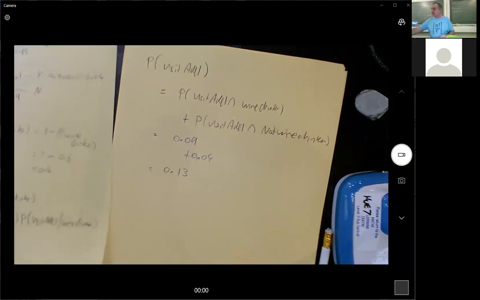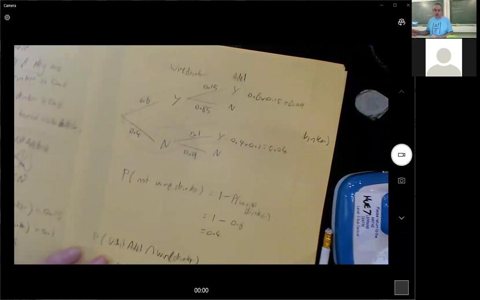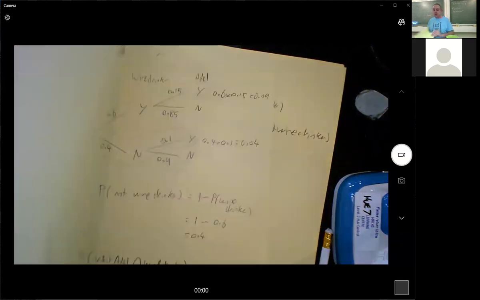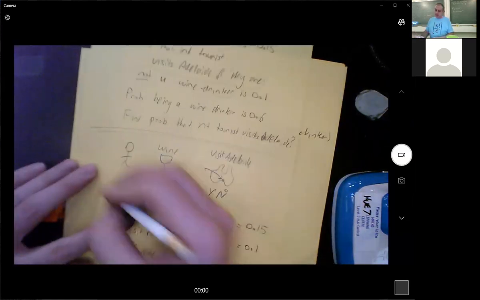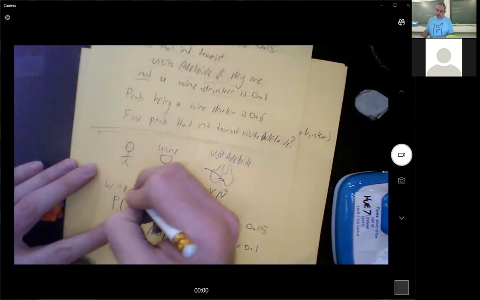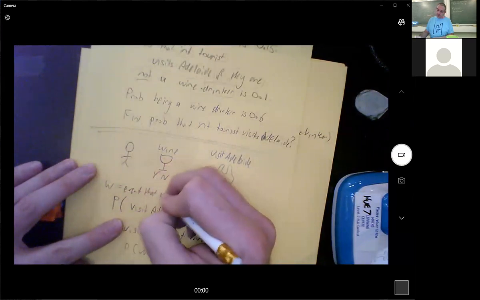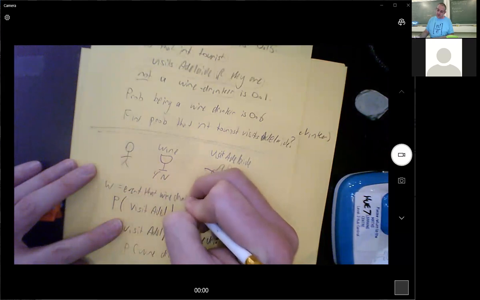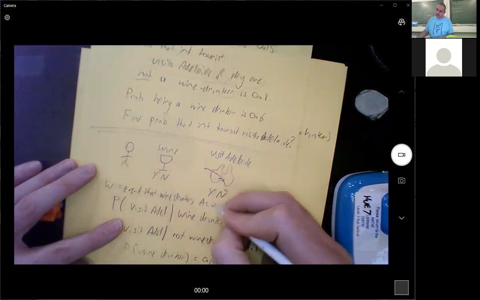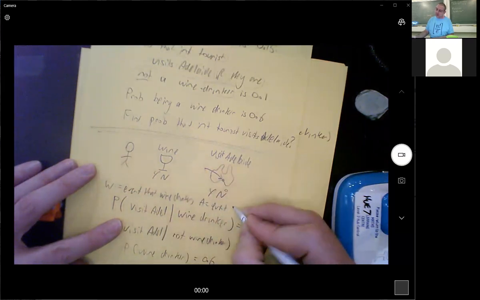So I could have gone back and I could have written my working in a whole different way. And right at the beginning, I could have said that W be the event that the person is a wine drinker, and A be the event that they visit Adelaide.